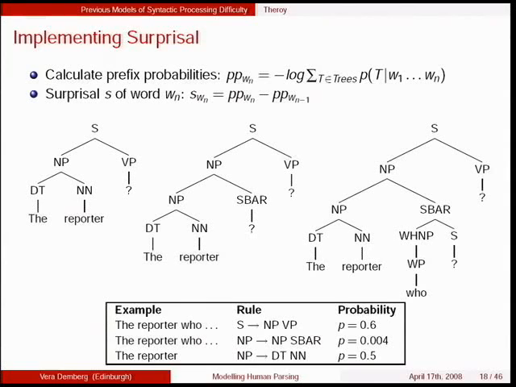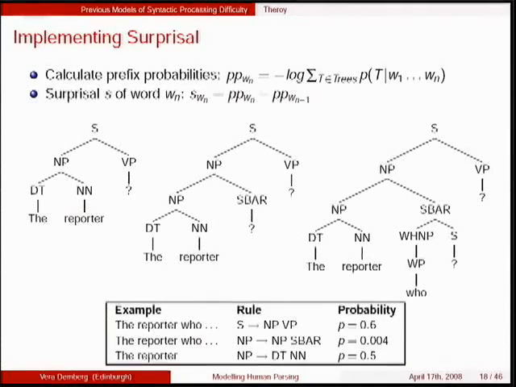So in order to determine the surprisal at a specific word, we have to calculate the prefix probability at each word. For example, if we're hearing "the reporter", then there's a bunch of different representations that "the reporter" could be, like just the subject of a sentence, or it could be modified later.